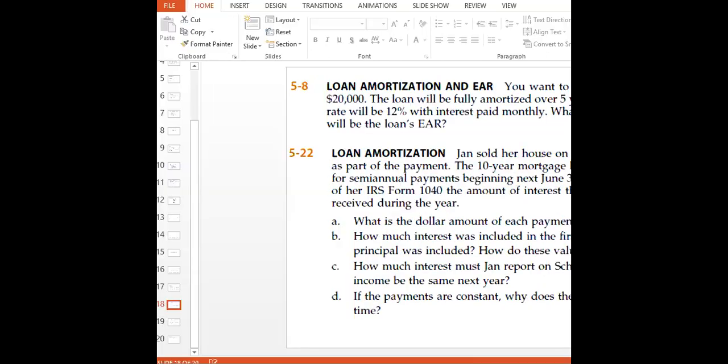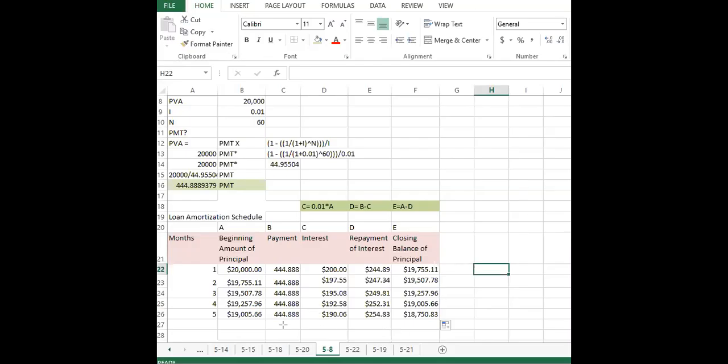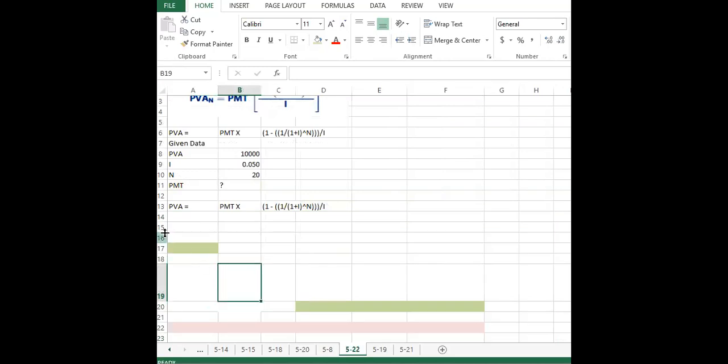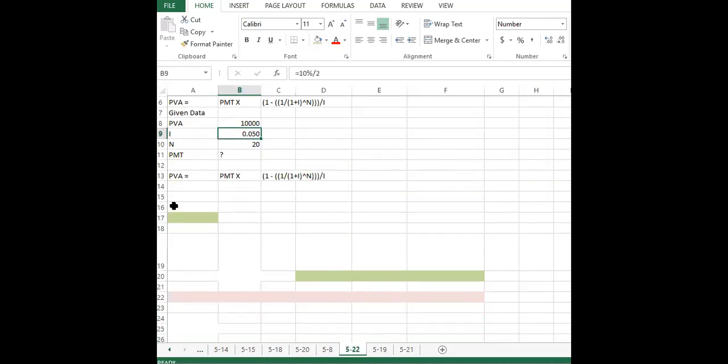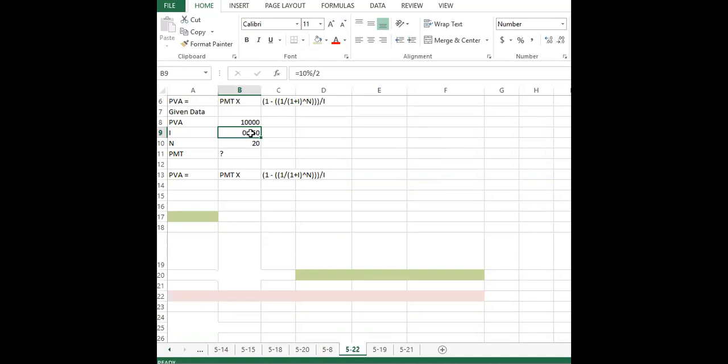So I'm going to share the Excel sheet. This was A-20, A-22. Here we have present value, 10 years. Interest is 0.05 because 10% interest is given and we have divided it by 2.